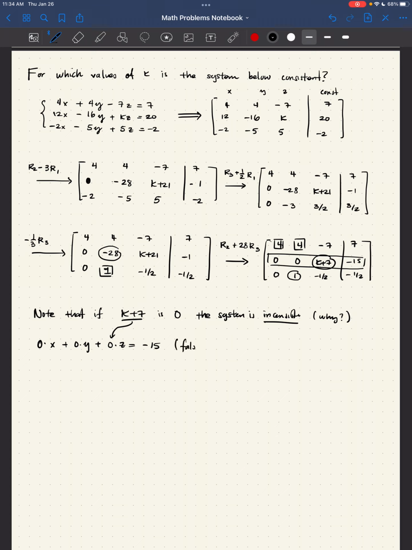This is false. 0 is not negative 15. But if k plus 7 is not 0, what would happen?